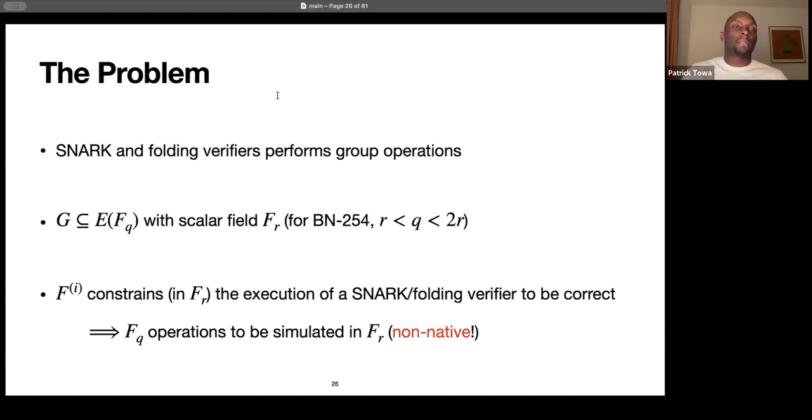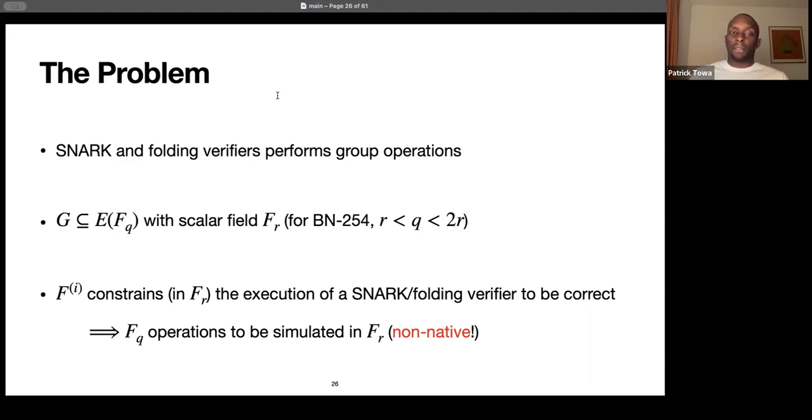The issue is that SNARK and folding verifiers usually perform at least group operations plus other things. Usually you have a group of the points of an elliptic curve defined over some field FQ. You can think of BN254, for example.